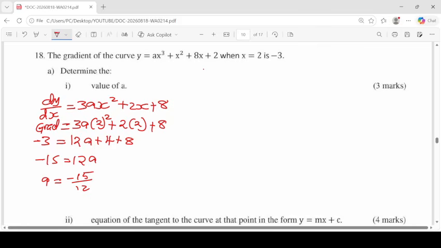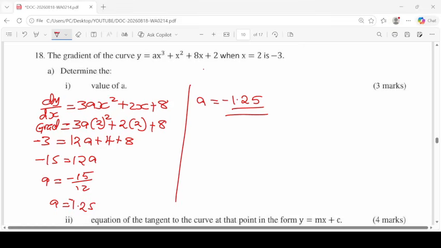So the value of a here is negative 1.25. Because you see now our a is negative 1.25. Let us make some progress.